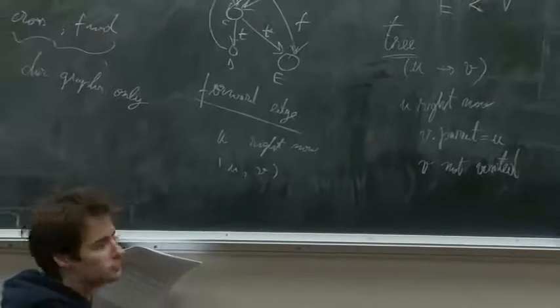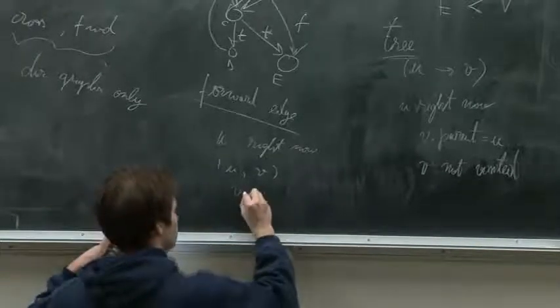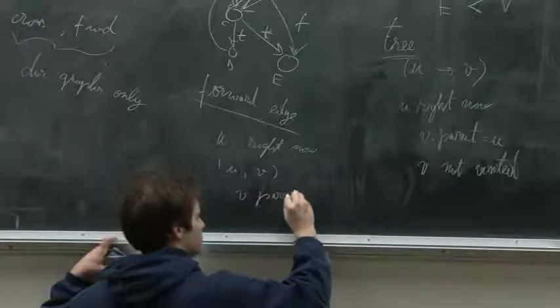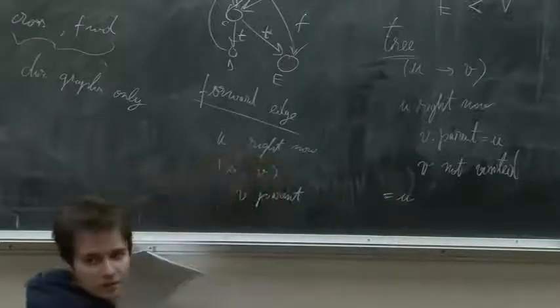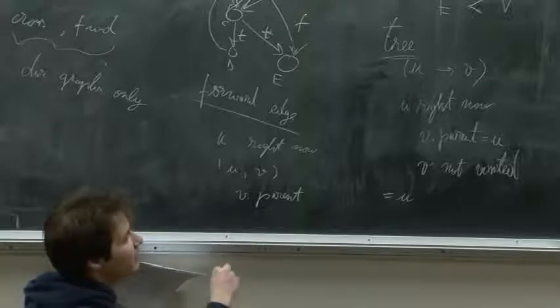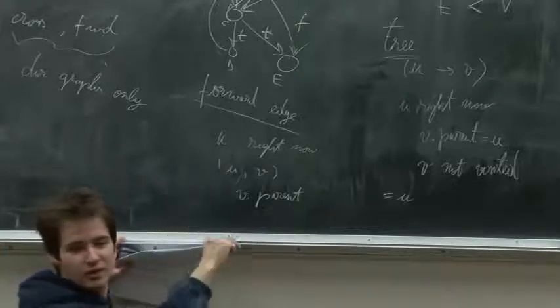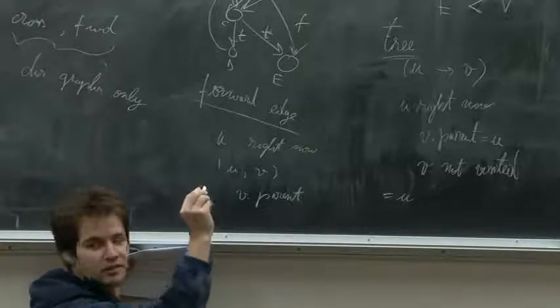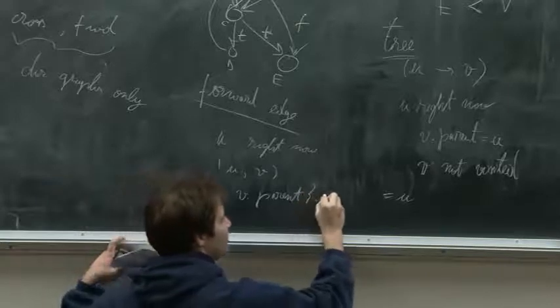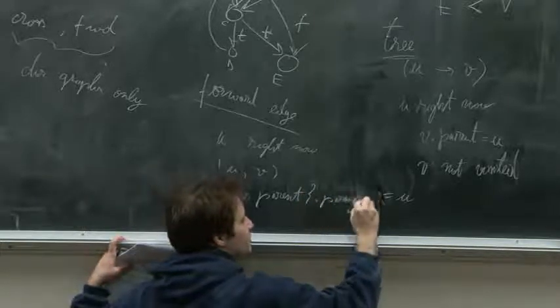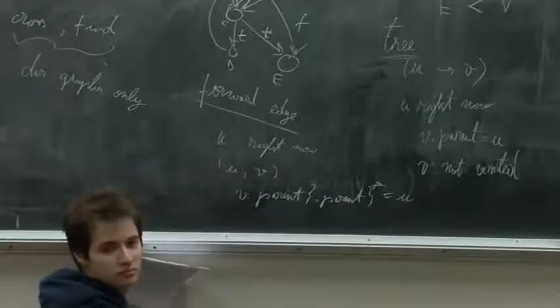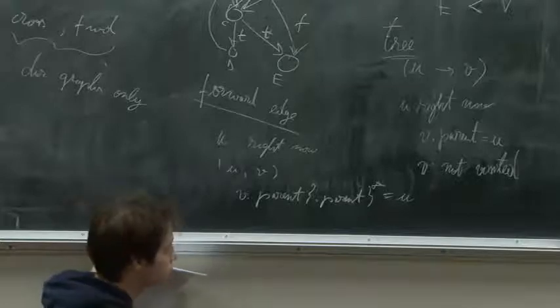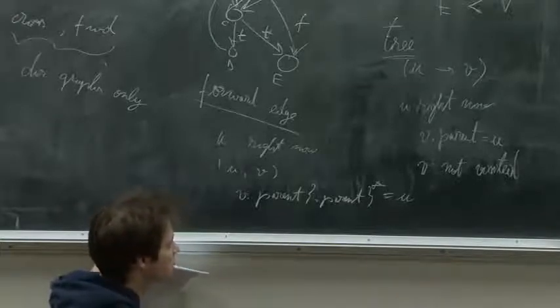It could be the parent or the grandparent, so U has to be somewhere up the tree, right? There has to be more than one dot parent, because otherwise it'd be a tree edge. It can't just be one parent. So you have to recurse up more than once.